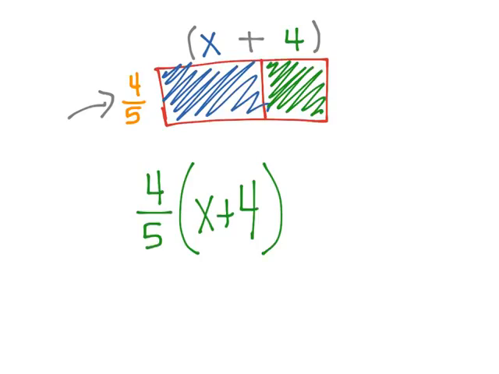Finally, let's look at a different way to build our expressions. In the previous example here, we had 4/5 x plus 4. So let's build that same rectangle one more time. We have a width of 4/5, a length of x, and a length of 4.